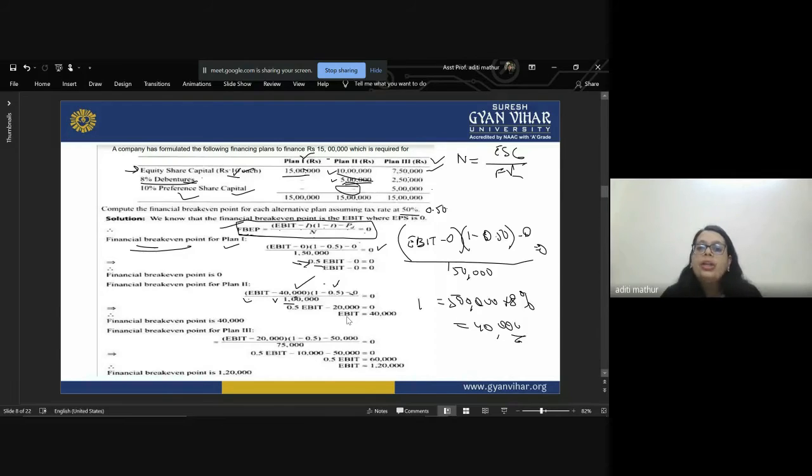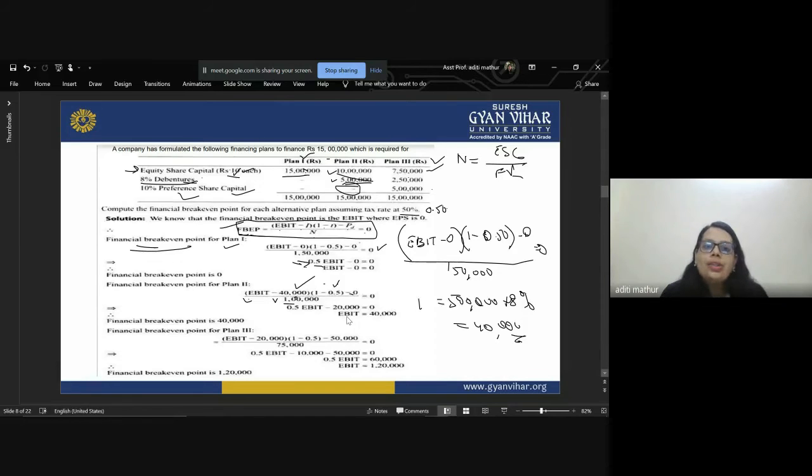That means in plan 2, your EBIT is 40,000, right? When you earn 40,000 rupees as your earnings before interest and tax, that EBIT is the financial break-even point for your organization, at which your EPS equals 0.